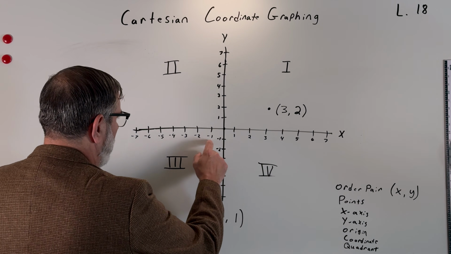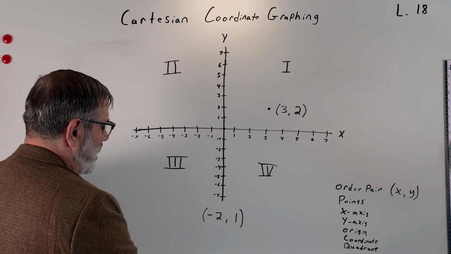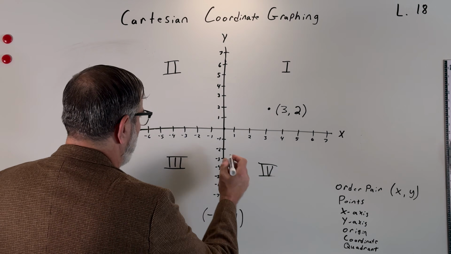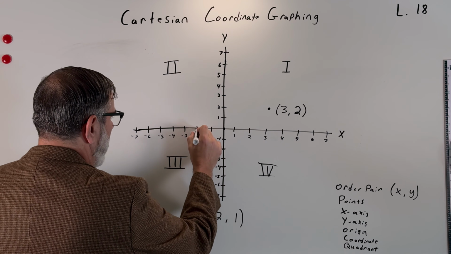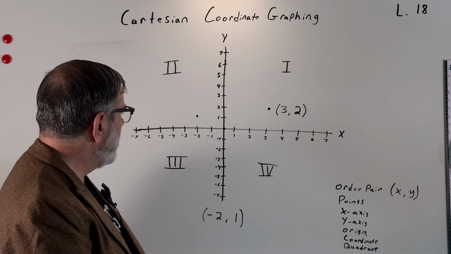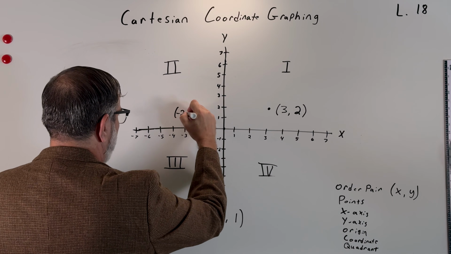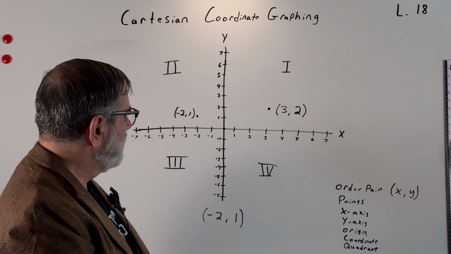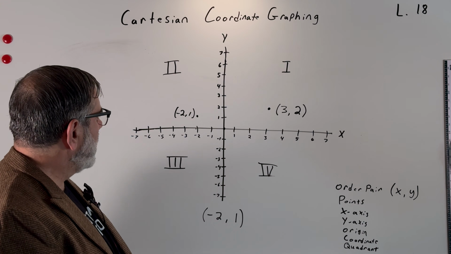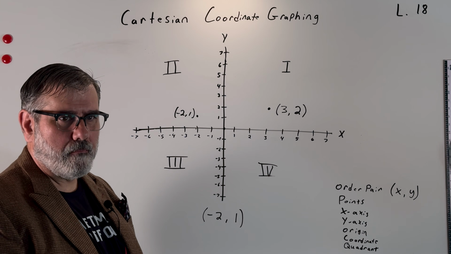So that means that I'm going to go 1, 2 to the left, but my y value is still positive, so I should still go up. So I should go up 1. So I would walk across 2 to the left, and then I would have to walk up 1. And this would be the point (-2, 1). Yes. And that would put this point in the second quadrant.